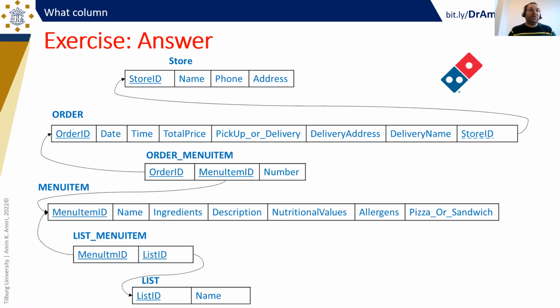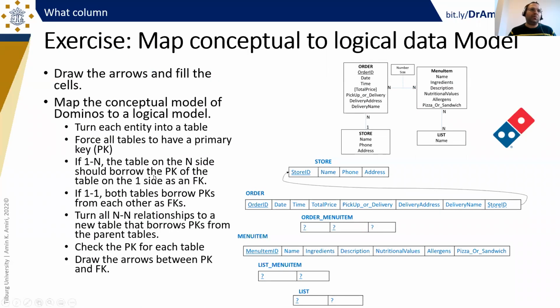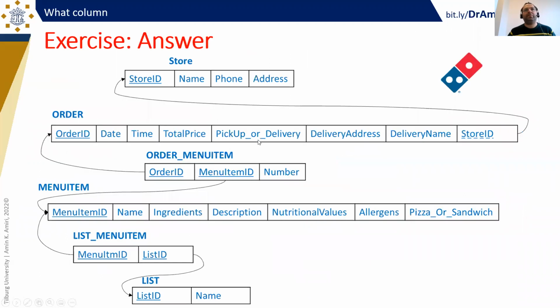But these are taught over one semester, and I cannot expect you to learn all of these. So you just need to make it as close as possible to this. You need to follow the rules as much as you can. But if you want to know more, you can read this process of mapping.